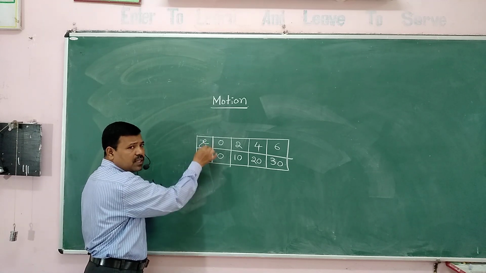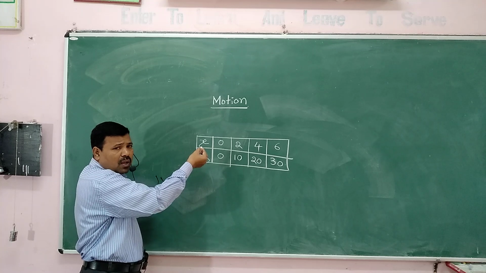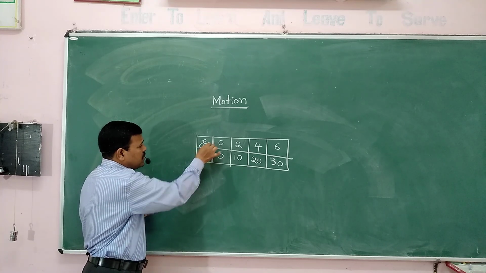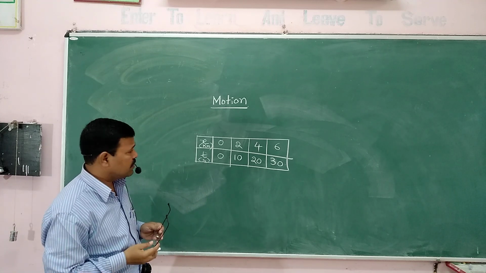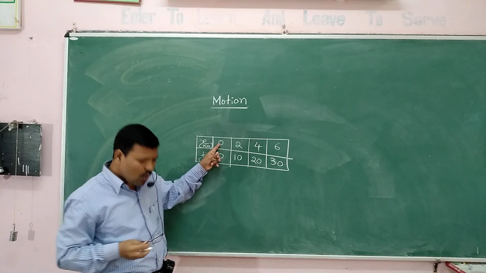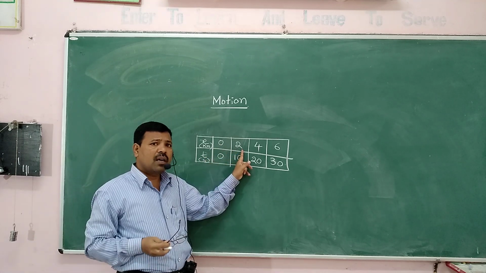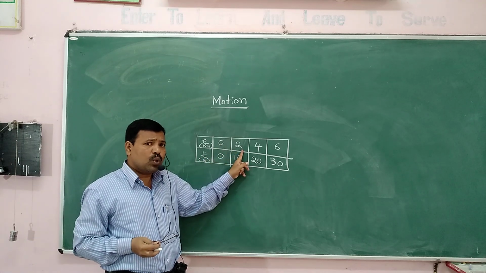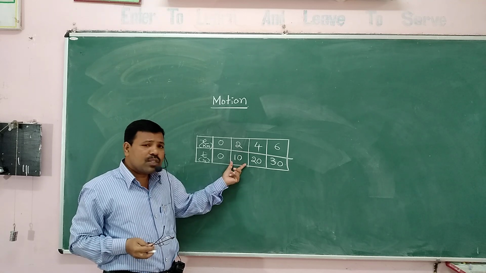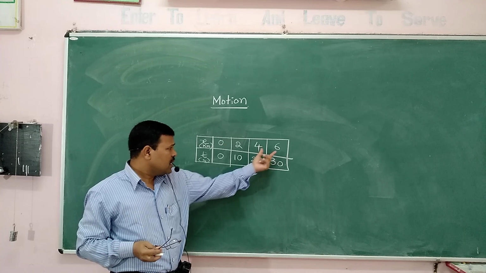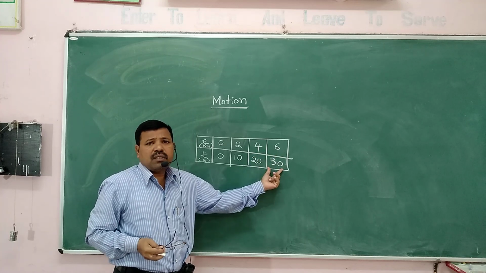The distance may be in meters or kilometers. Say for example, 0 kilometer in 0 second. It has covered 2 kilometers in 10 seconds, 4 kilometers in 20 seconds, 6 kilometers in 30 seconds.